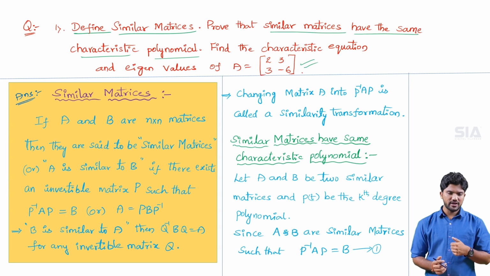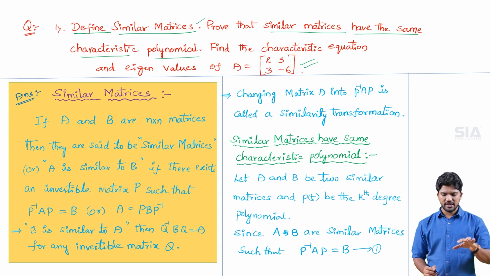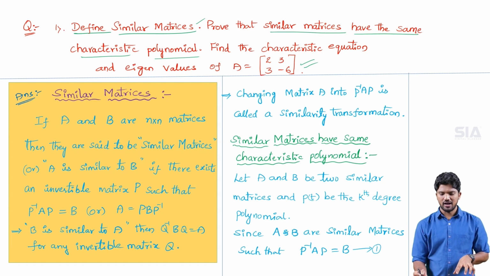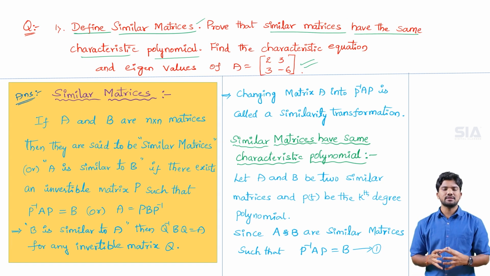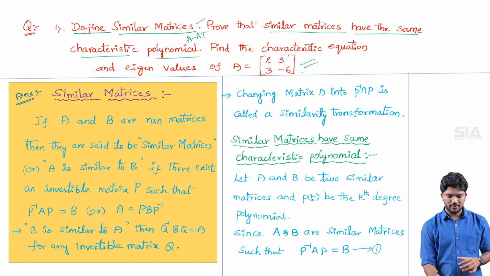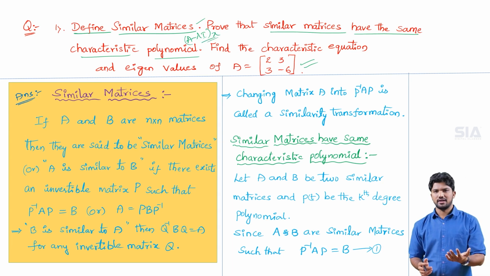The first problem is we have to define similar matrices. After that, based on the similar matrices concept, we have to prove that similar matrices have the same characteristic polynomial. Here the characteristic polynomial is nothing but det(A - λI), that is |A - λI| into x, is called the characteristic polynomial.